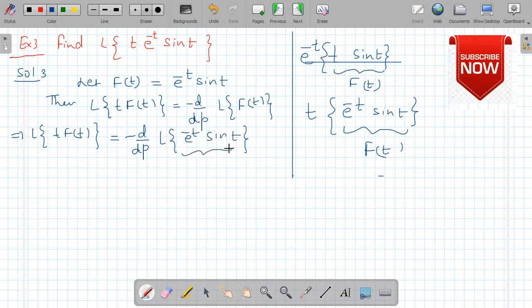Now here we apply the first shifting property.